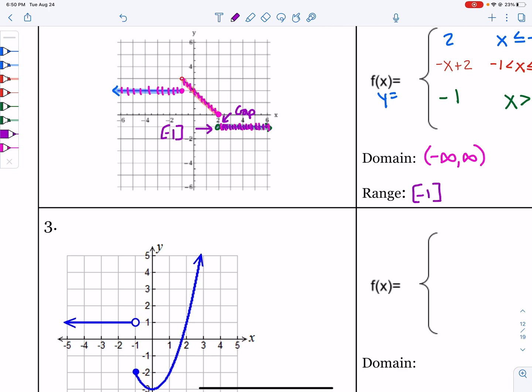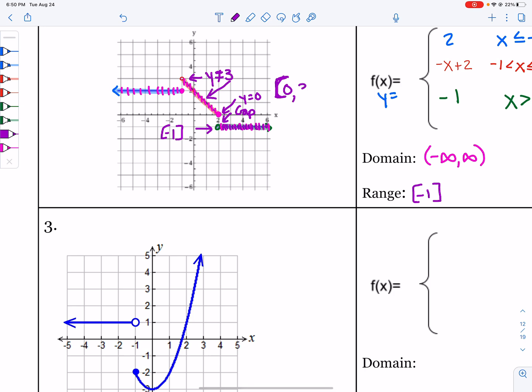Then there's a gap. And then the next part of our range goes from where y is equal to 0 up to where y would equal 3. But then it's not equal to 3. So we'll put a parentheses there. So it's from 0, but it's equal to 0. So we need to put a bracket.